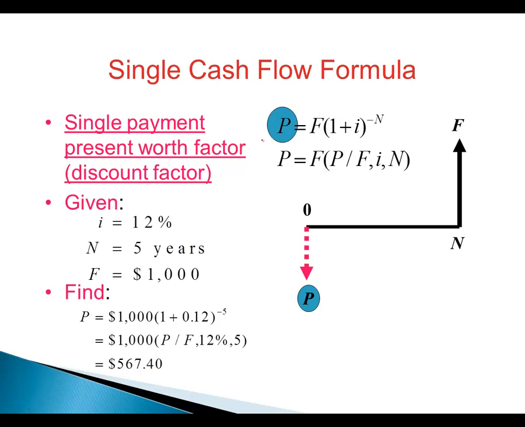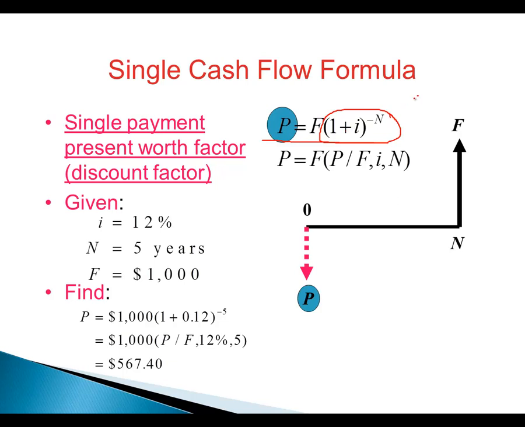It's the same formula that we used before, but it's been written differently, where we moved P to one side and F to the other side, or actually we divided by 1 plus I to the power n, which is, if you take it up to the numerator, it will be to the minus n, and that's the only difference. In this situation, this factor is called the discount factor.